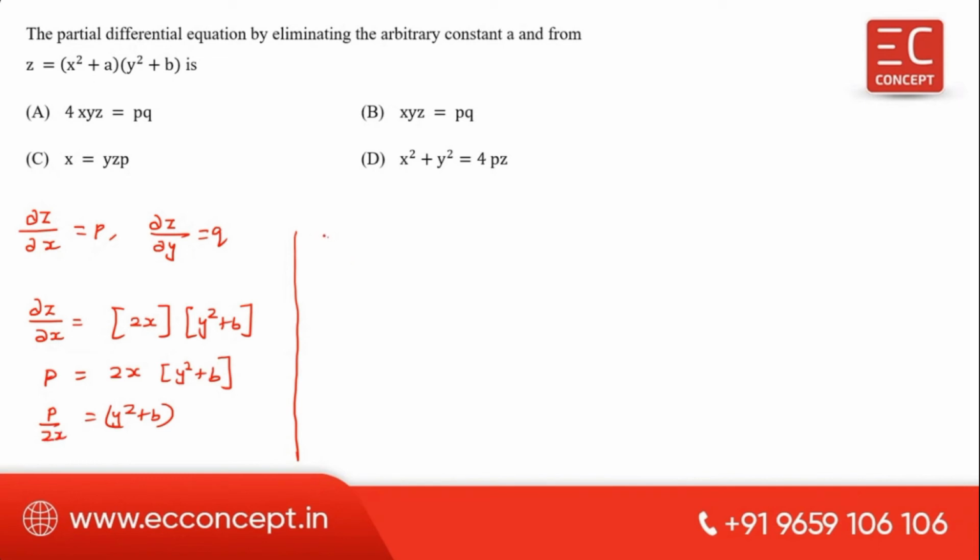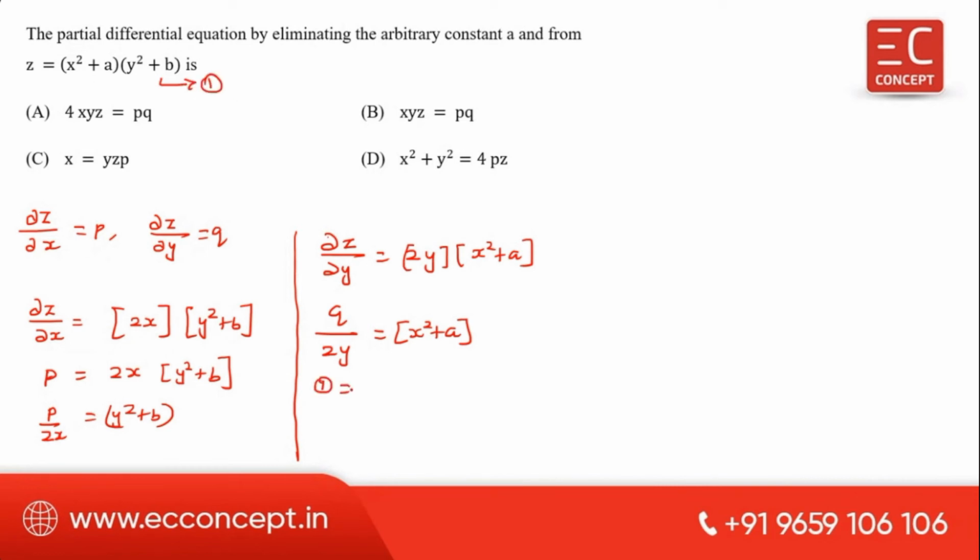Similarly, we have to differentiate this with respect to y, which is equal to 2y(x² + a). So q/2y = x² + a. Now let us consider this as equation number 1.